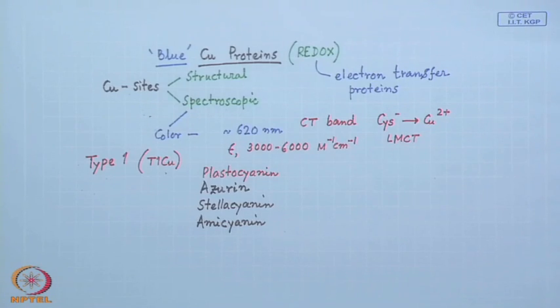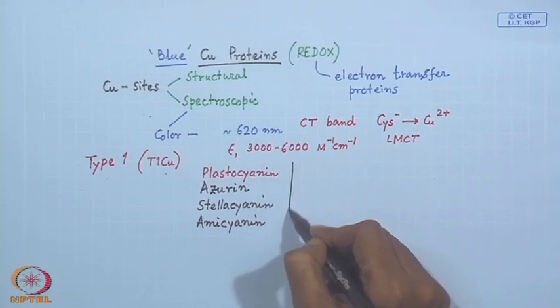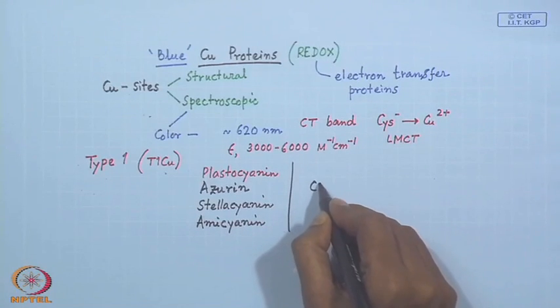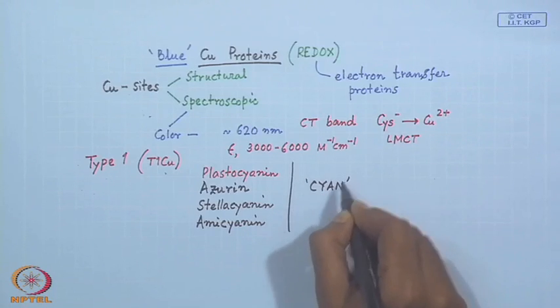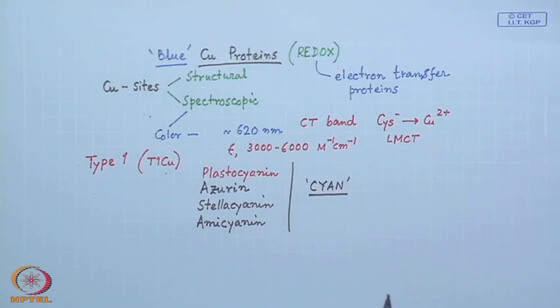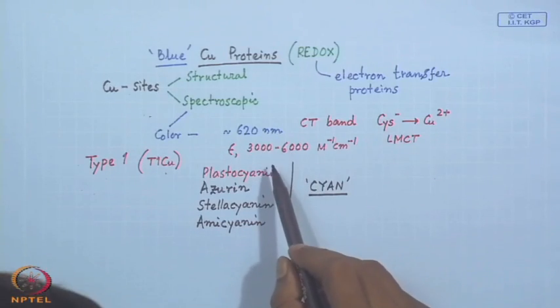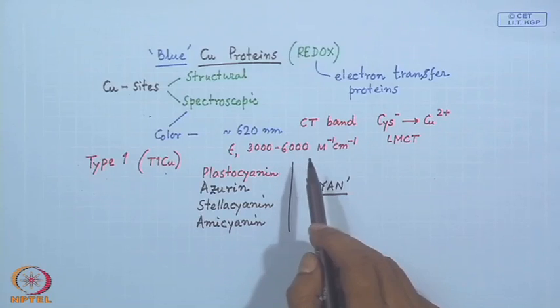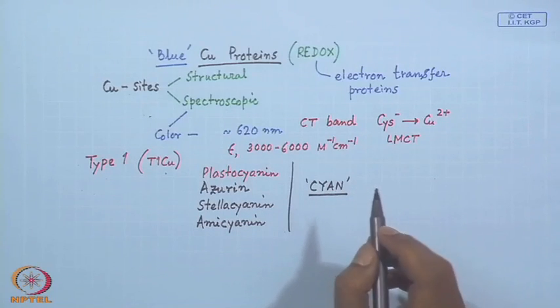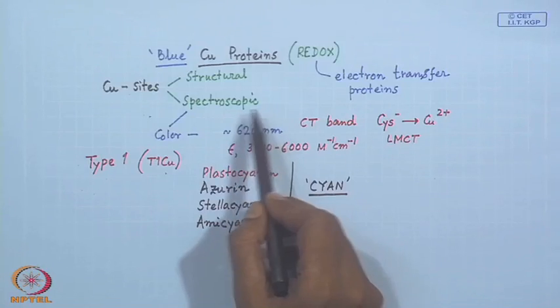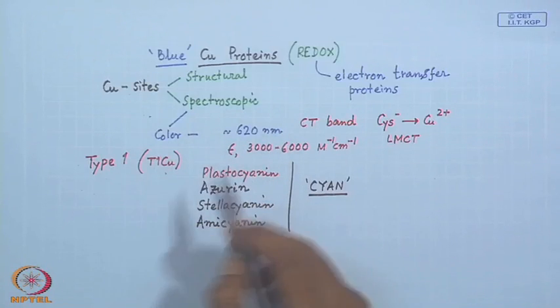In most of the cases you see the name ends with cyan, which is the adjective for the color, the cyan, blue color. So, once you know the corresponding band position and its epsilon value, you can determine spectroscopically that type 1 copper is there.